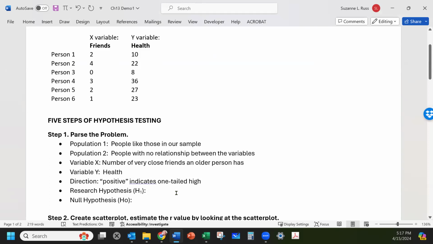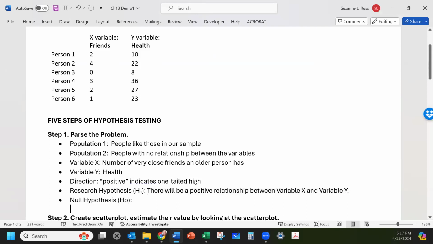And so the research hypothesis is there will be a positive relationship between variable X and variable Y. And the null hypothesis is just the opposite of that statement.